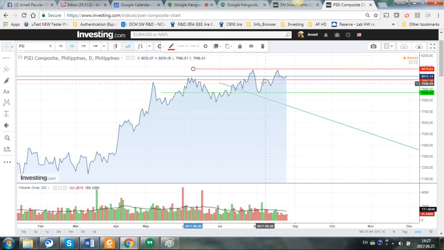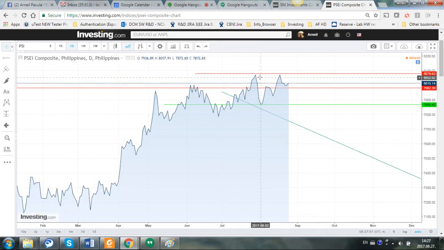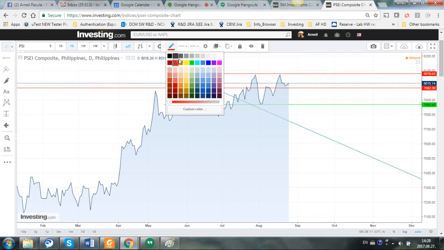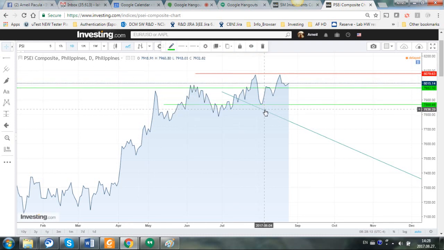So, by the way, resistance is actually a connection of 2 points na magkapareho. I-connect mo yung dalawang line na yan, then you will be able to get resistance if it is the higher part. If it is at the lower part, then it will be the support. Okay, so para hindi ka ma-confuse.